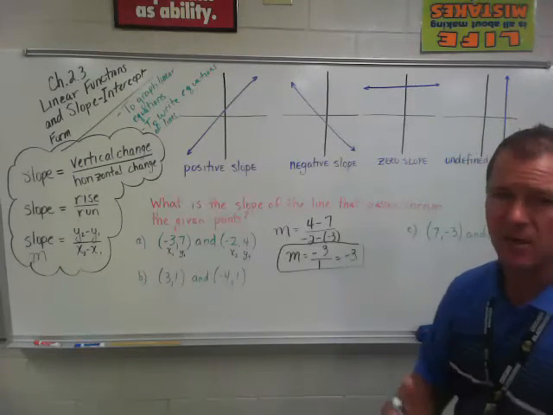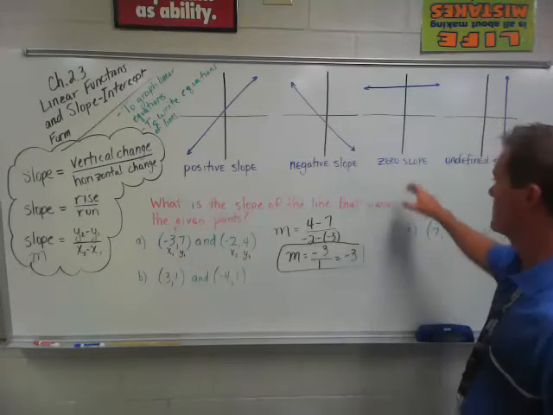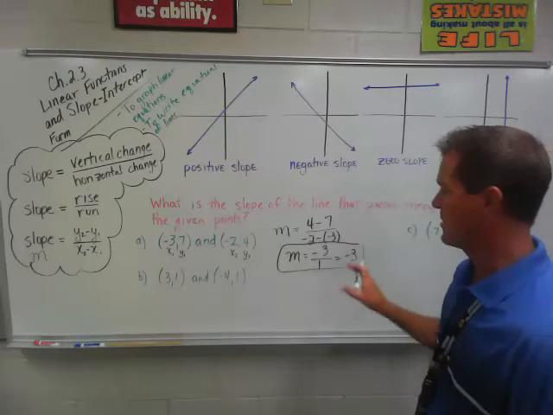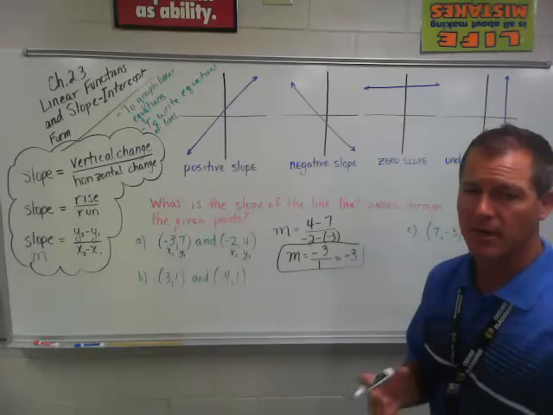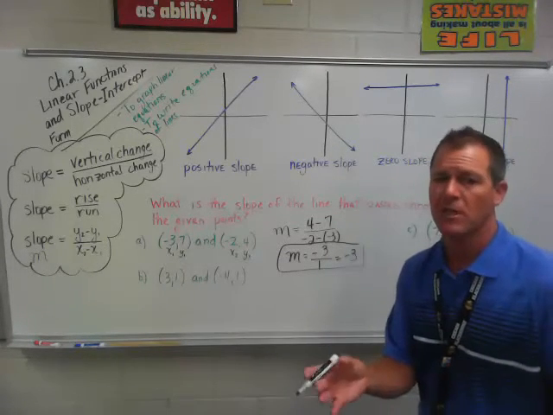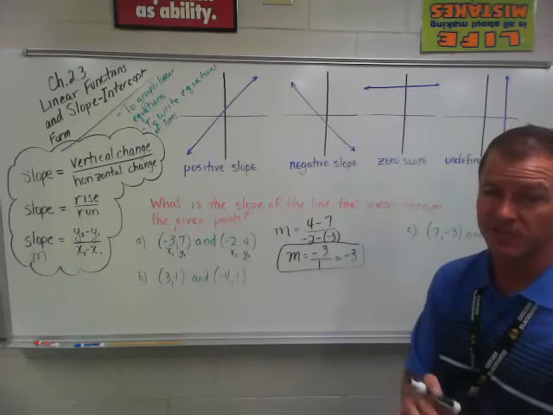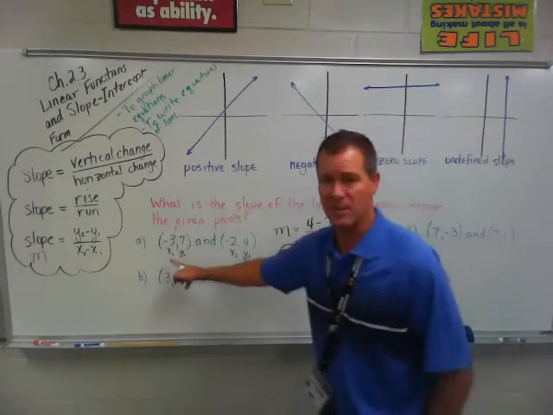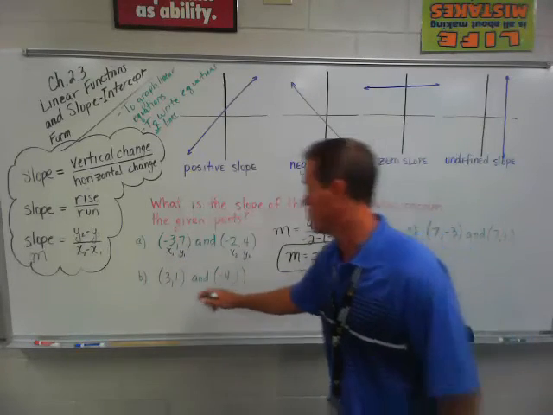B and C are both our special cases. It's either 0 slope or undefined slope. So we'll make sure we look at those. And remember, if we're looking at 0 slope, the numerator ends up being 0. If we're looking at undefined slope, the denominator ends up being 0. So same deal, I'm going to set up my x1, y1, my x2, y2.